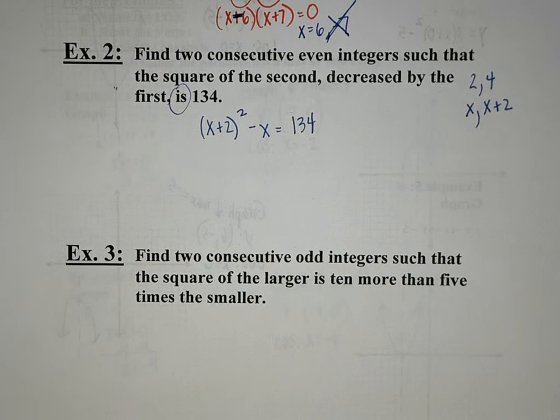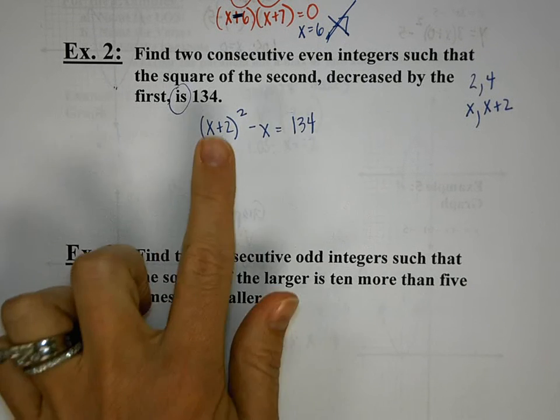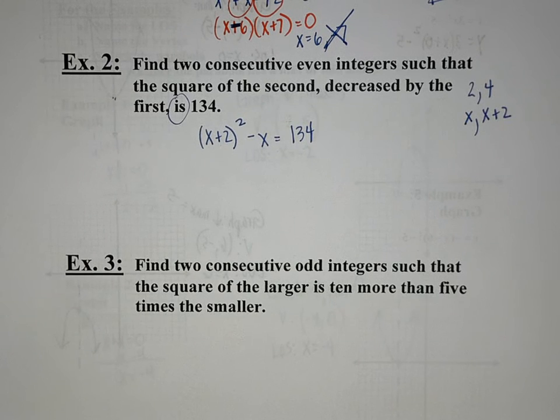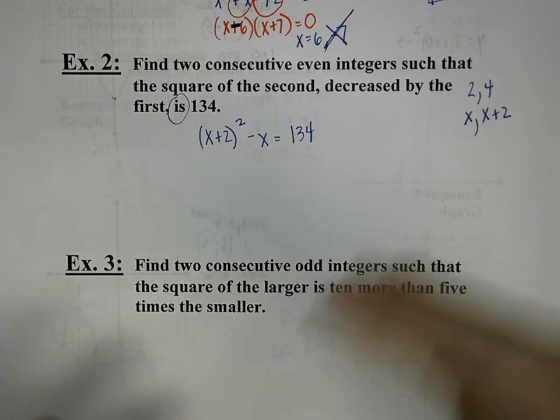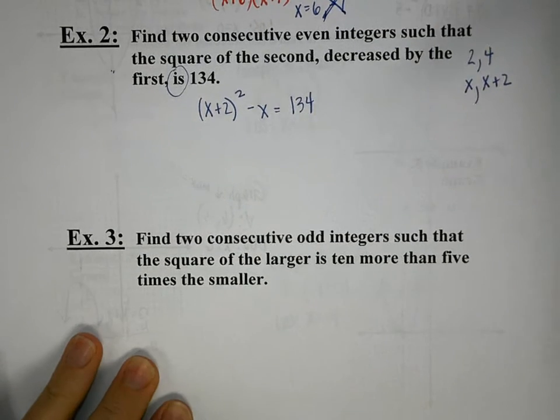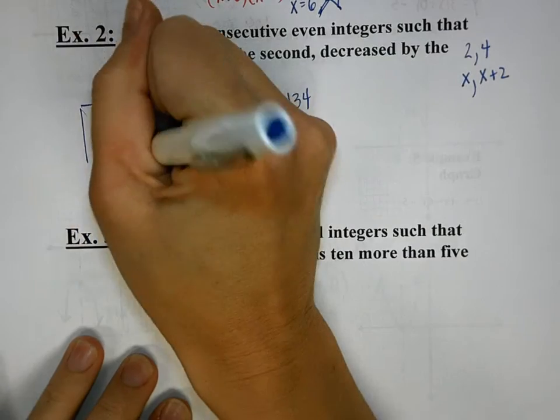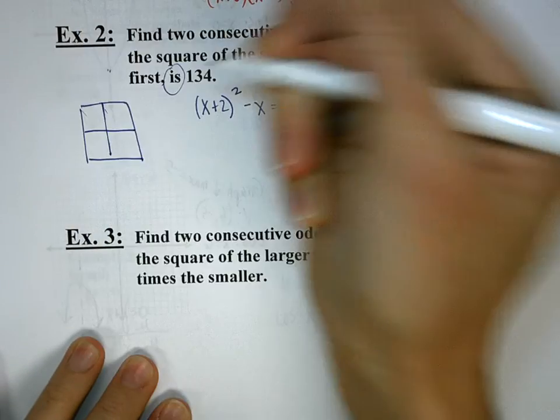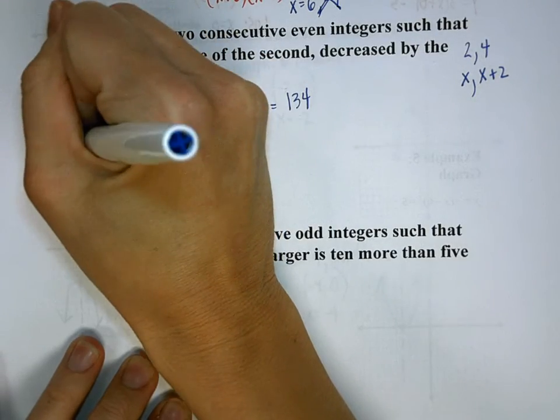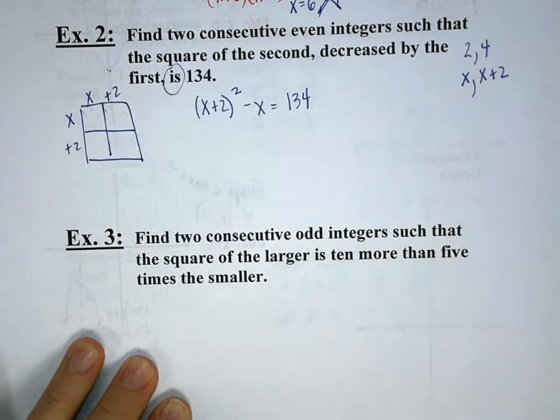Now we have to do the same thing as we did on example 1 and multiply it out and set it equal to 0. How will I multiply out x plus 2 squared? Good, go ahead and box it, or you can FOIL. Either method is okay. I have x plus 2 and x plus 2.